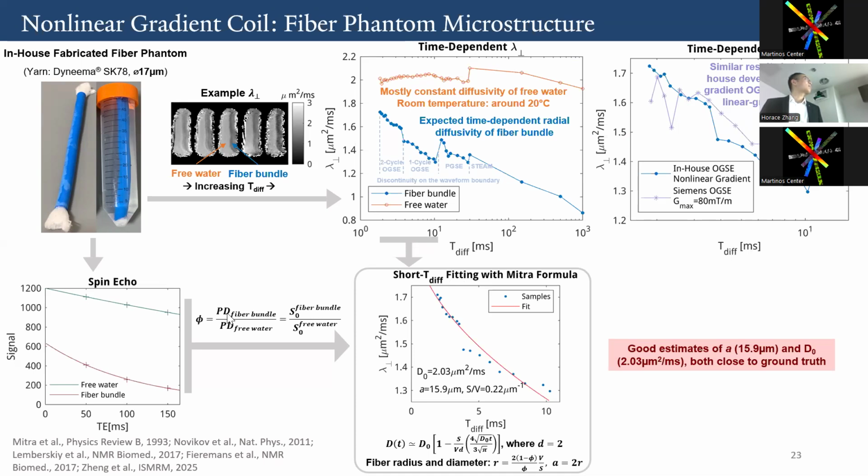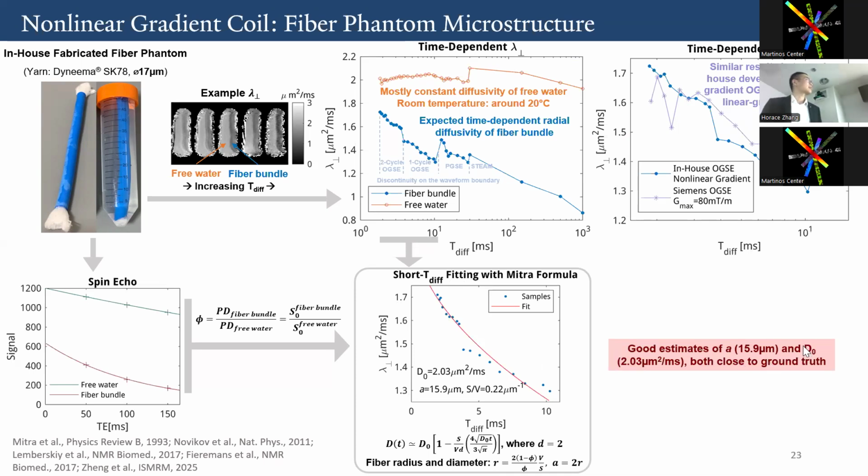And from the fiber bundle proton density that we got from the spin echo, we can estimate the fiber radius and diameter. It has shown a good estimate of diameter of around 16 micrometers, which is close to the 17 micrometers ground truth, and also of the free diffusivity. So we have shown good results here.